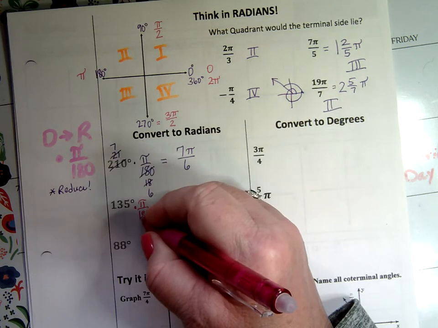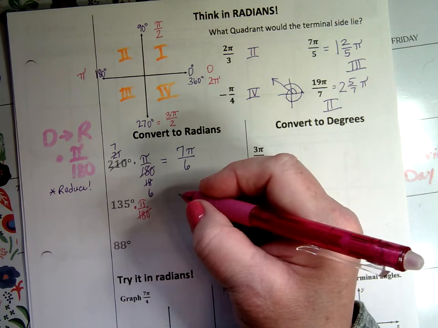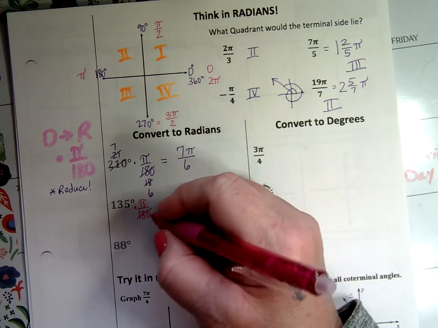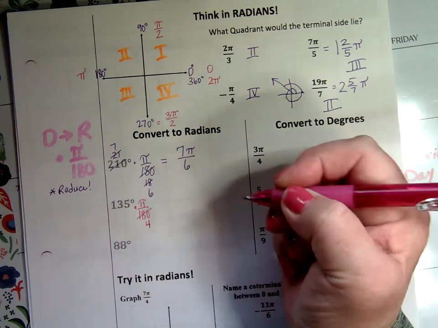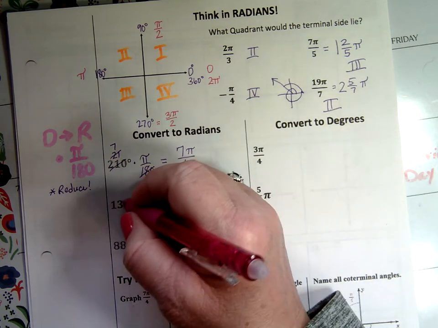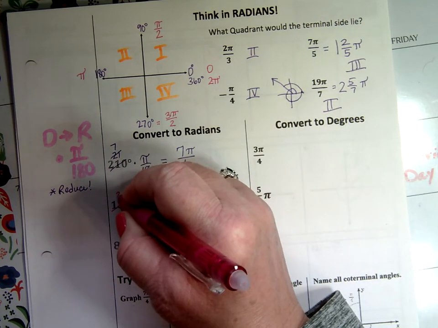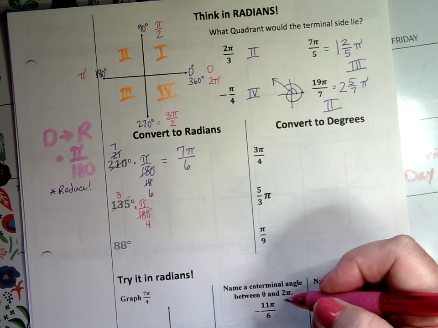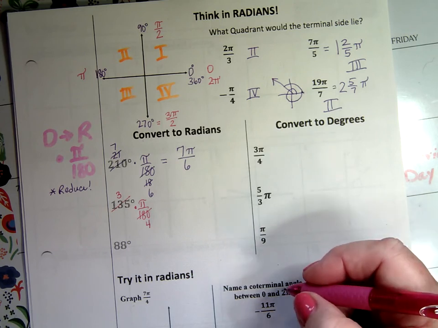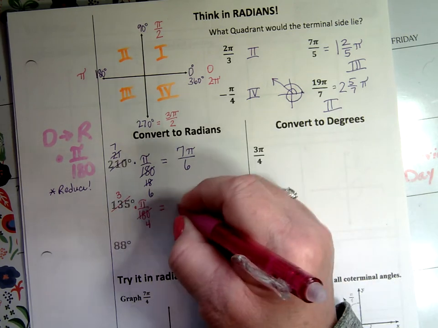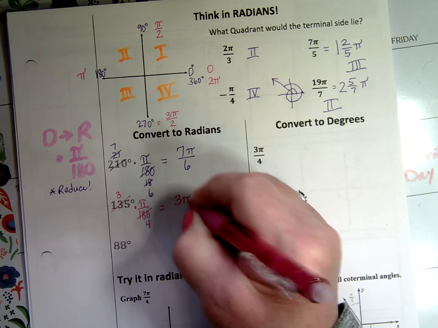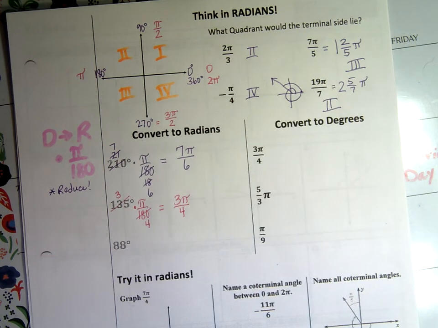If I pick 45, 45 goes into 180 4 times, and 45 goes into 135 3 times. And then I'm done, because nothing goes between 3 and 4. So my answer for this one would be 3 pi over 4. Three-fourths of the way to pi is 135.